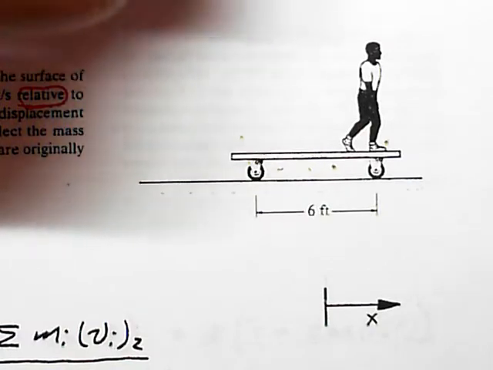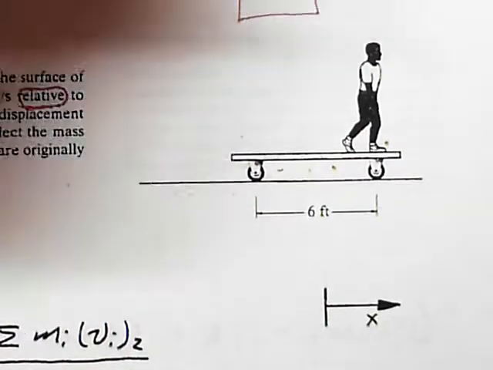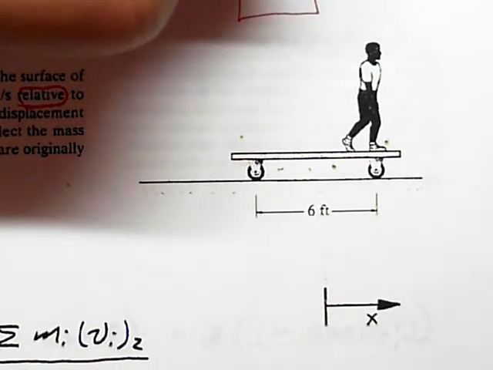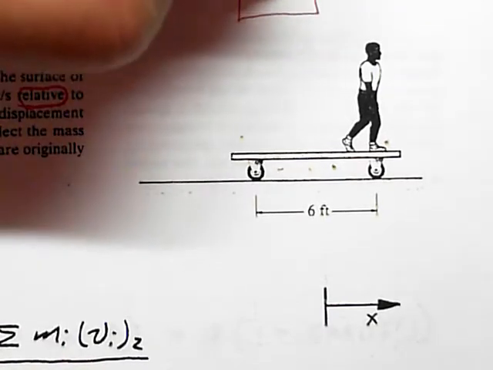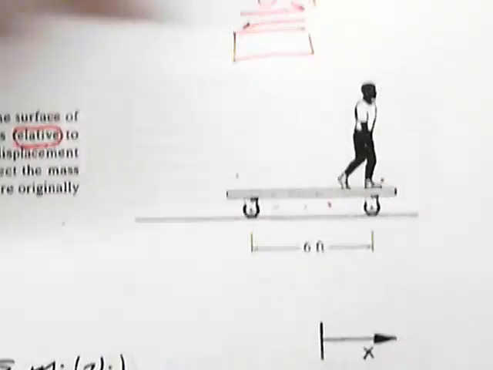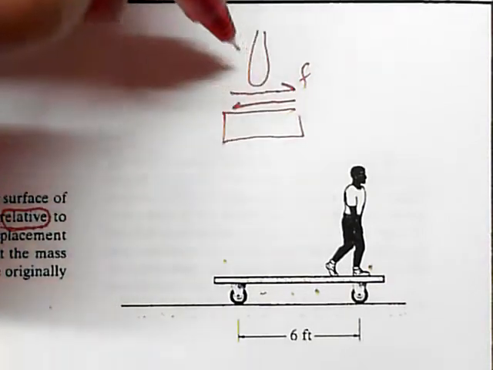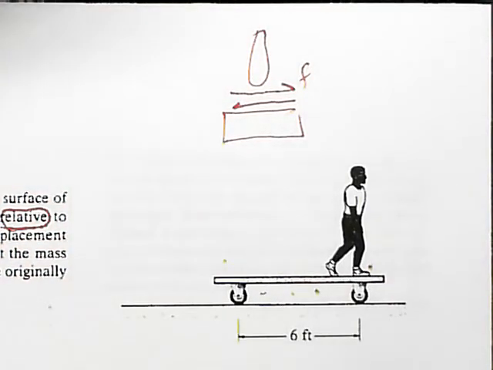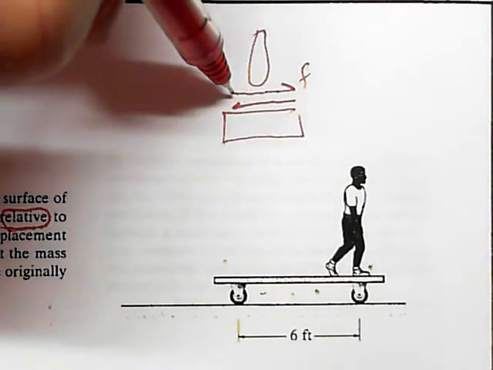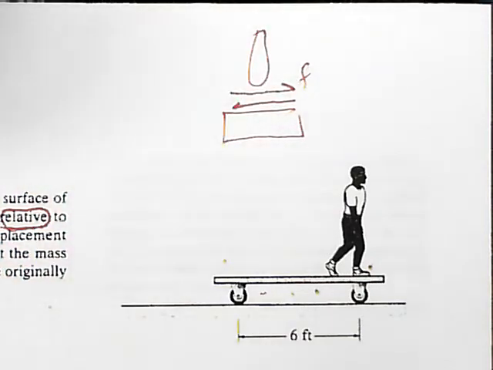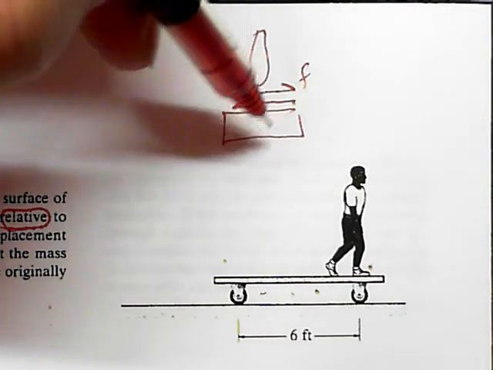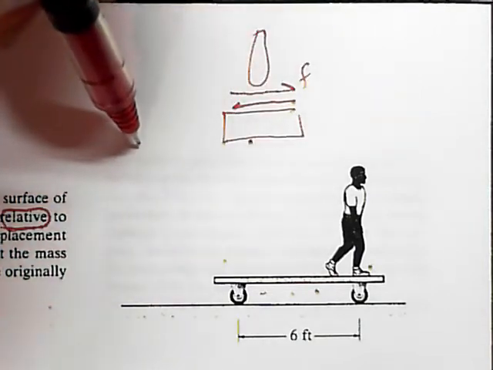If we were to separate them into two pieces, there's a friction force that moves the boy forward. There's a friction force that moves the cart to the left. You can't see that. Here's the cart, here's the boy, drawn very badly. There's a friction force between the cart and the boy that moves the boy to the right. There's a friction force between the boy and the cart that moves the cart to the left.